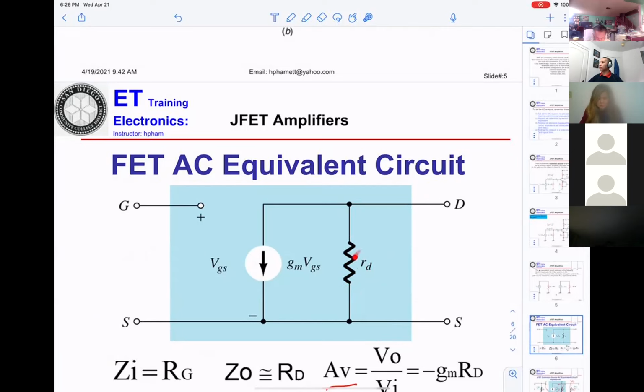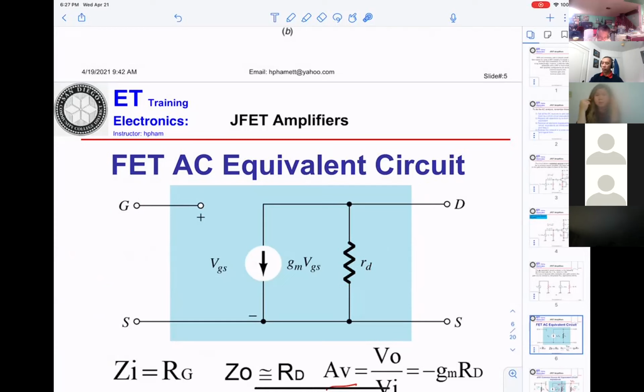This resistance value will be very big, so that's why in normal calculations they ignore rd. We don't take it into account. When you go to the engineering level and design something, they need more accuracy, then they need to take rd into account. And this is the gate, and the V in will be here.